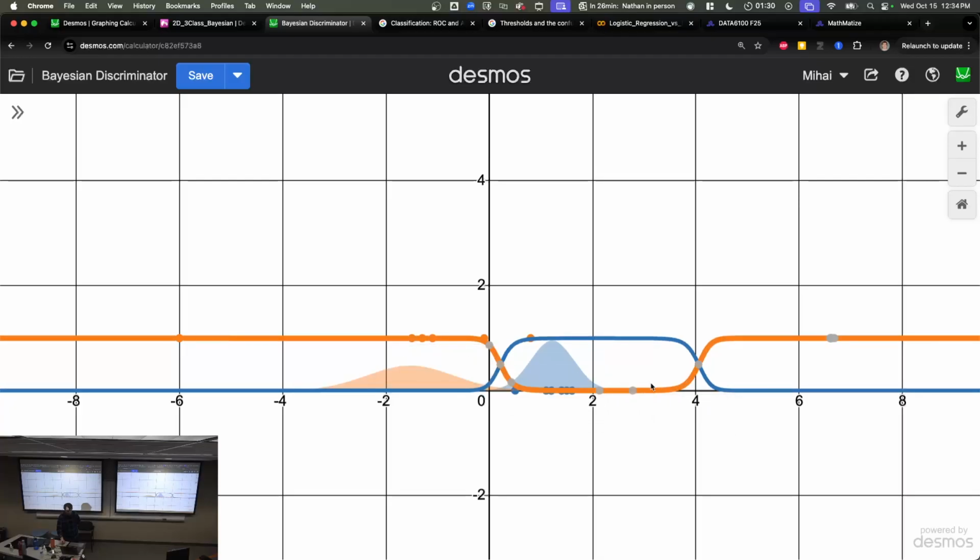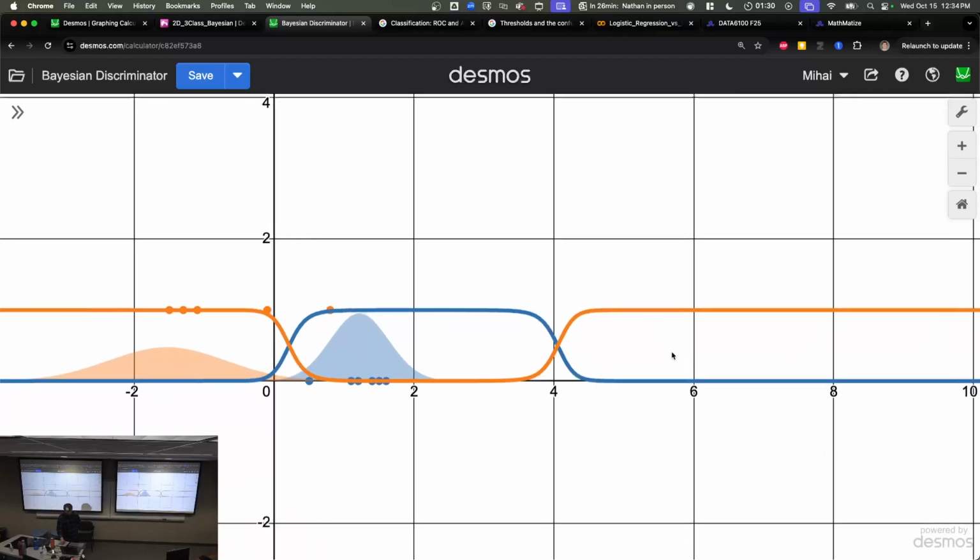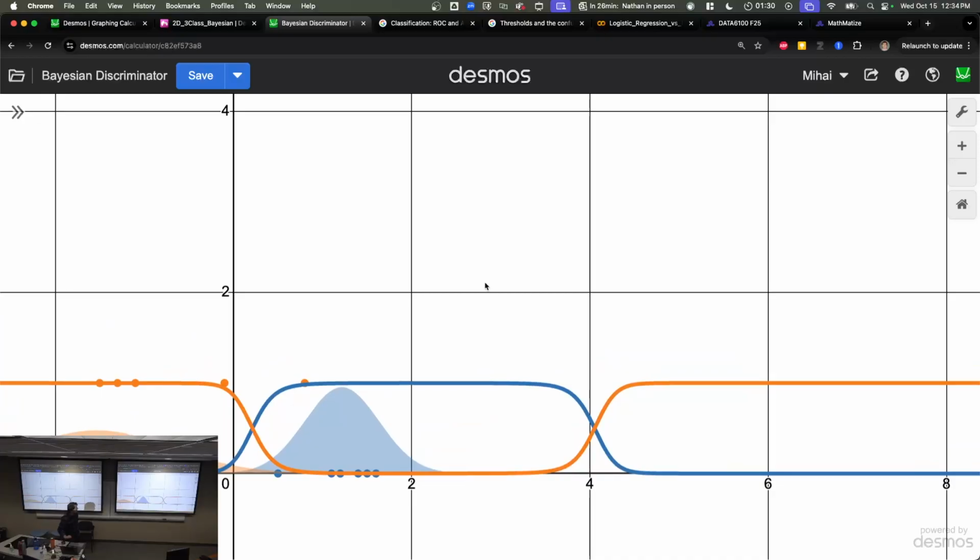Aha! You see this? So over here, you get this funny thing, and this is a thing that happens in quadratic discriminant analysis. Because the oranges are so spread out, if you get a point at x equals 6, it is more likely to be an orange point than a blue point. And that's because the oranges are so spread out. So quadratic discriminant analysis has this funny on and off situation that did not exist in the linear discriminant analysis.